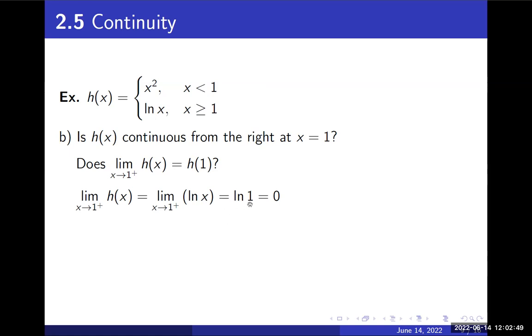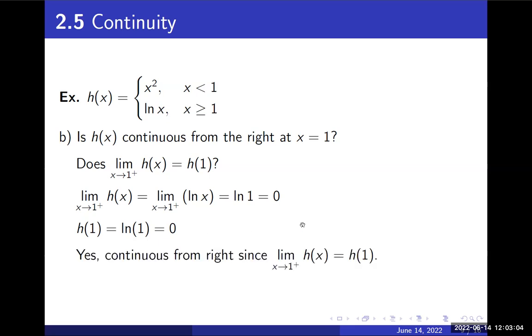We get the natural log of 1, which equals 0. And that will be the same for h of 1, because h of 1 is where it's equal, which happens to also be on the right side. You get 0 again. And so, yes, this is continuous from the right since they're equal.